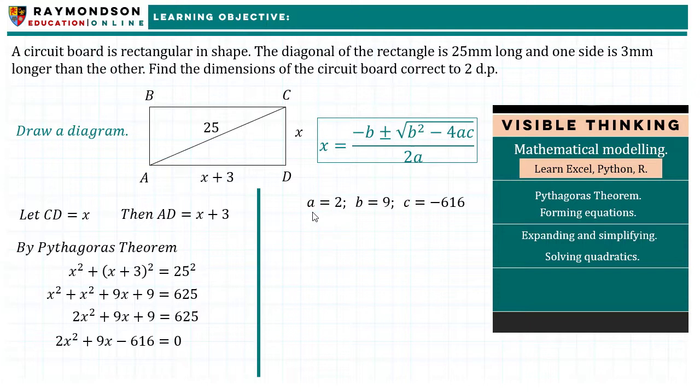Substituting, recall a is the coefficient of x squared. So 2x squared, that means the value of a is 2. b is the coefficient of x, so in this case, b is 6. c is our constant. Note it's not 616, it's minus 616. We have to take the sign in front of it. It's the same thing, b is plus 6. That's why we just wrote 6, because it's positive.